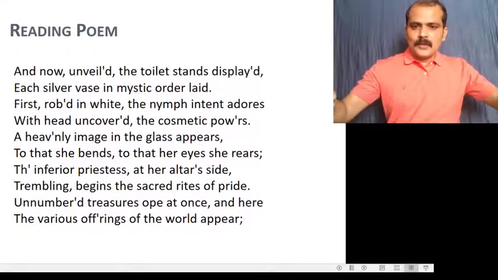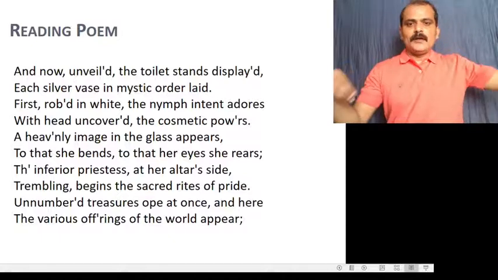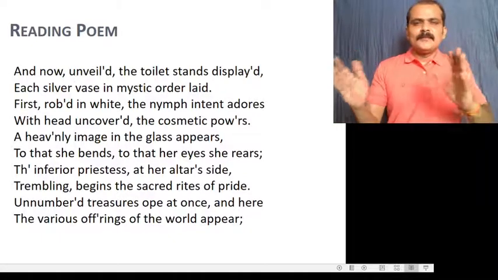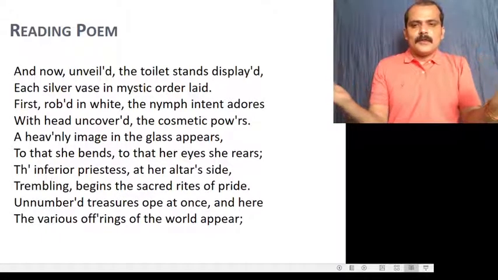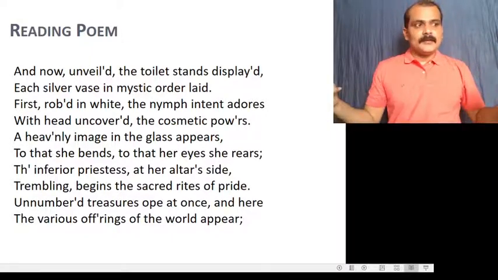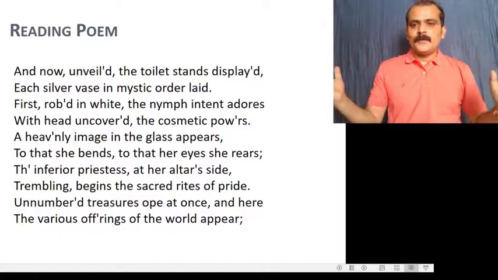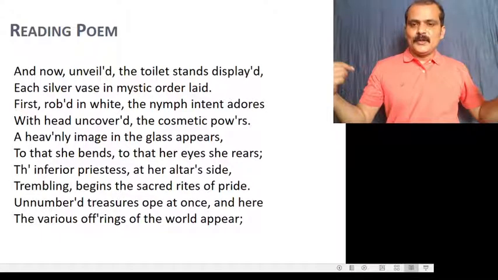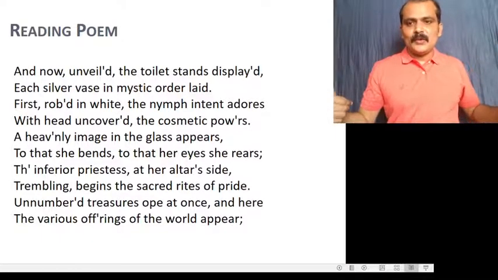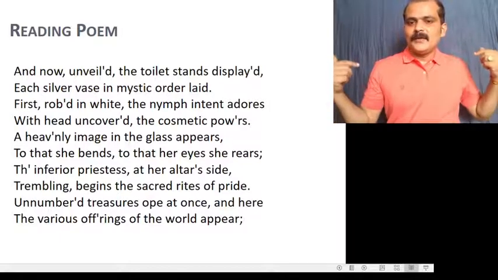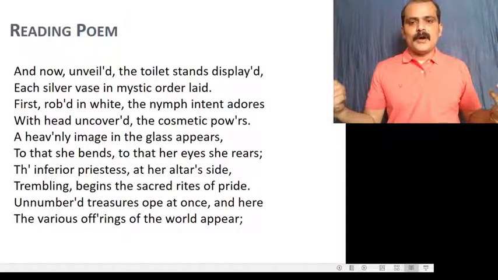Each silver vase in mystic order laid. See, all that was silver was very costly. The silver vases are put in order. First robed in white, and the nymph intent adores, with the head uncovered, the cosmetic powers.